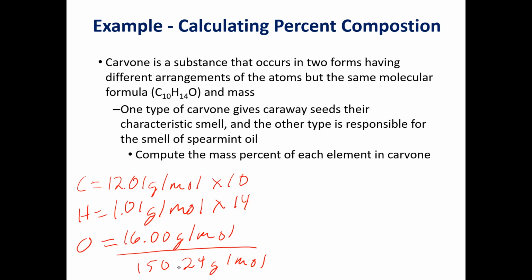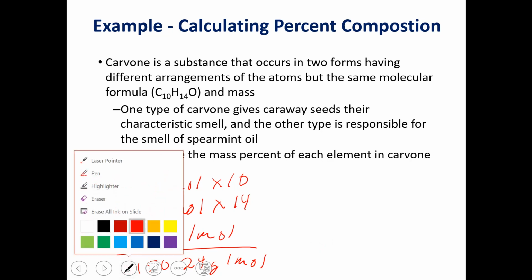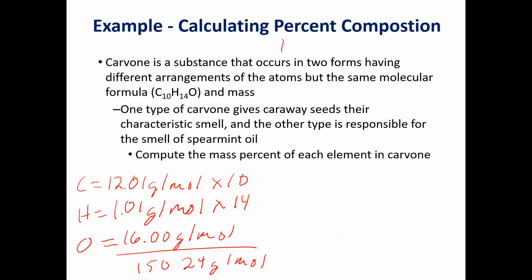Now that we know the molar mass of carvone, we can go through and calculate the percent composition for each one of these elements. I'm going to have to erase this so that I don't run out of space, so I'm going to write the molar mass of carvone up here at the top of the slide.